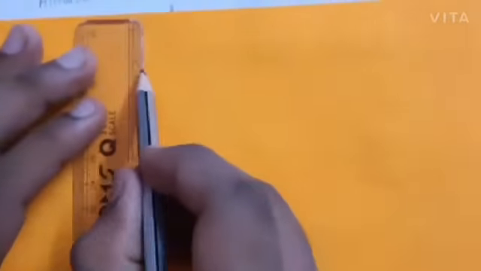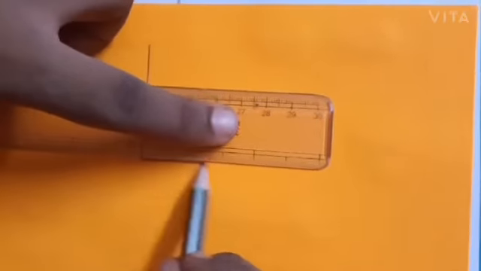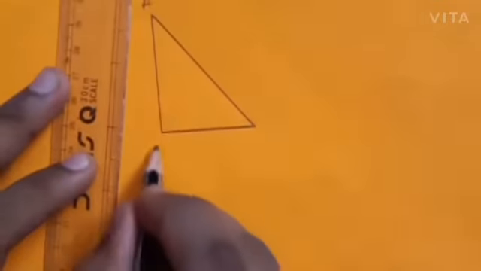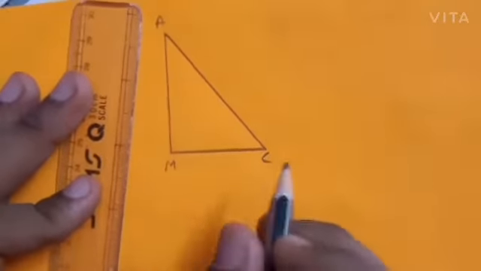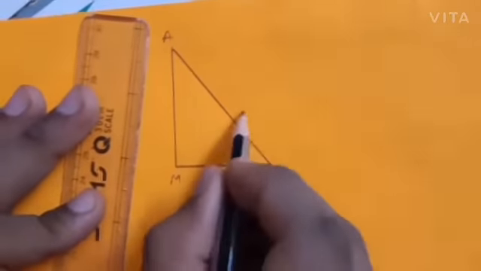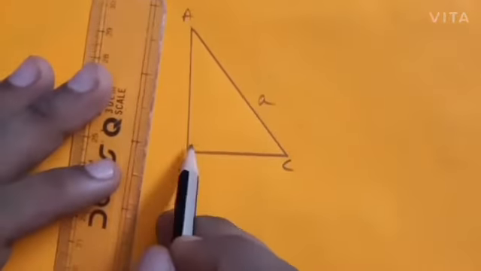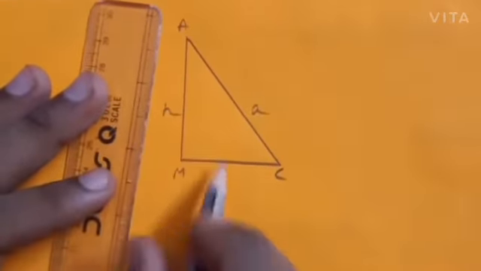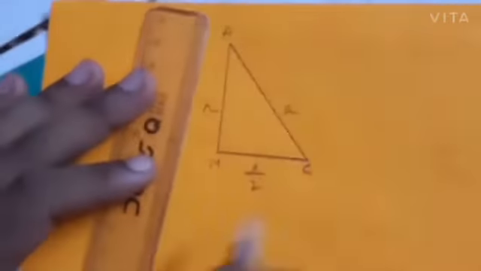So in this instance, let us consider one part of the congruent triangle, that is AMC. When I consider this triangle AMC, we know the AC value A, and the AM value, let us name it H, and the MC value is B by 2.